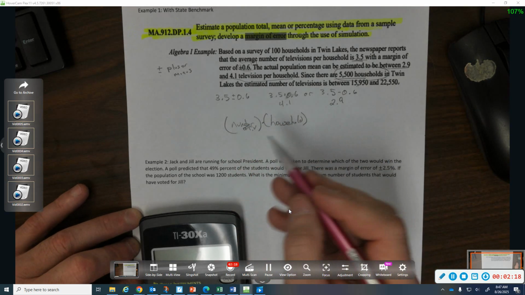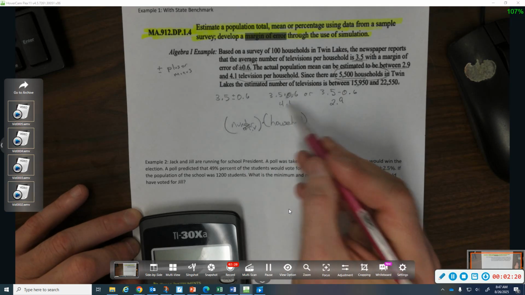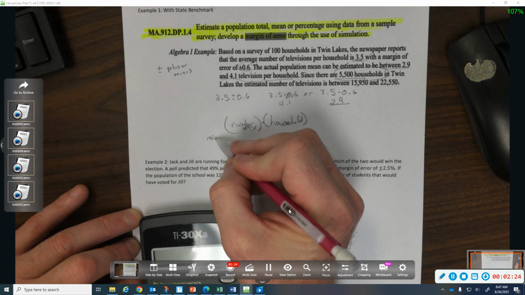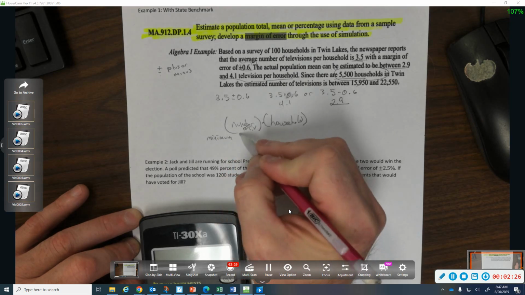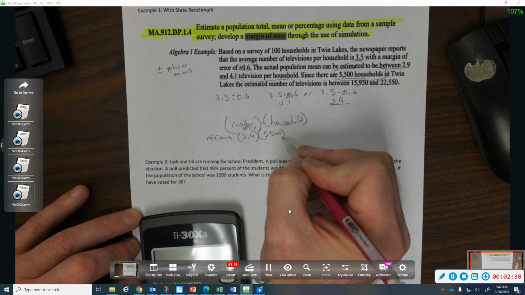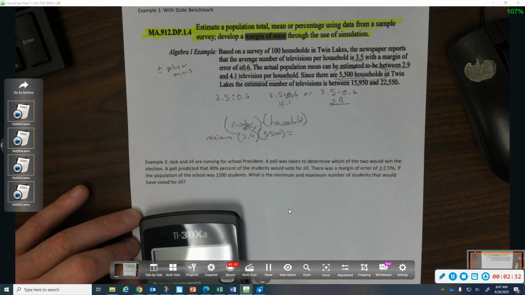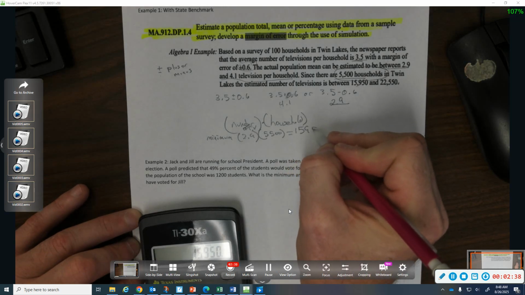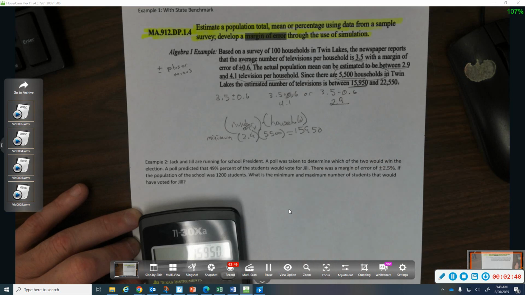The number of TVs on average at the low end, so we'll look at the minimum first: we take 2.9 and multiply it by the number of households. You can use the calculator to see 2.9 times 5500 gets us 15,950, which is the low end value.